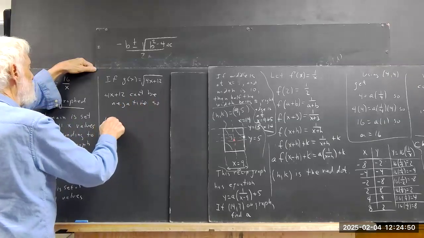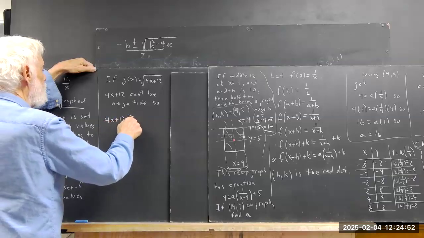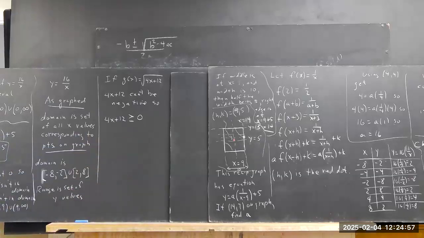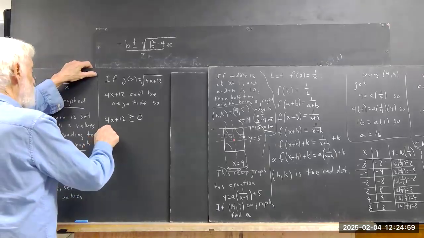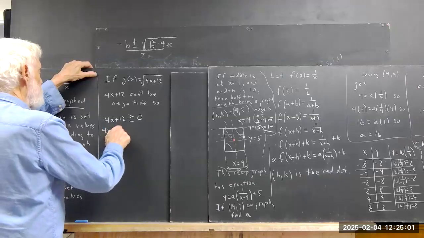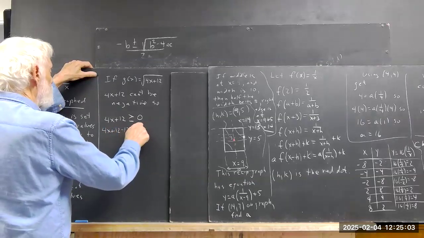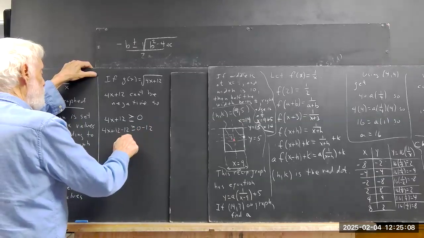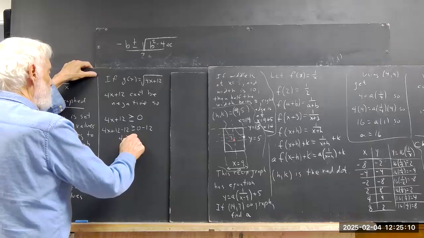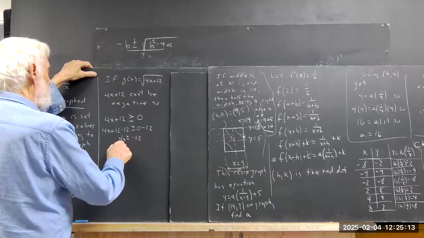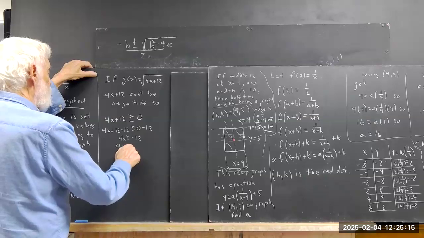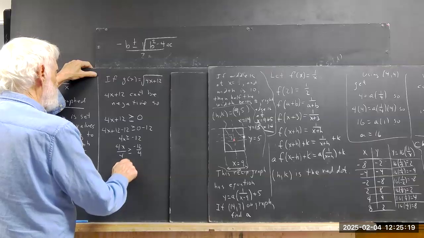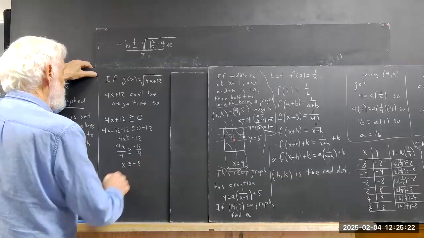It has to be greater than or equal to 0. We can solve that easily. We say 4x plus 12 minus 12 has to be greater than or equal to 0 minus 12. Subtract 12 from both sides, so that 4x is greater than or equal to negative 12. 4x over 4 is greater than or equal to negative 12 over 4. So x has to be greater than or equal to negative 3.